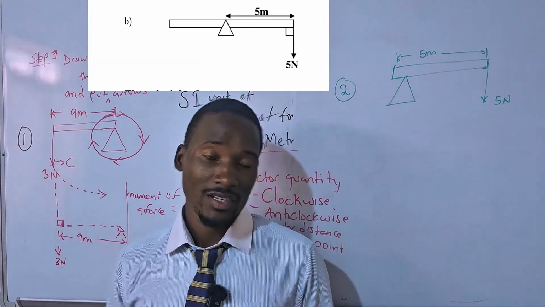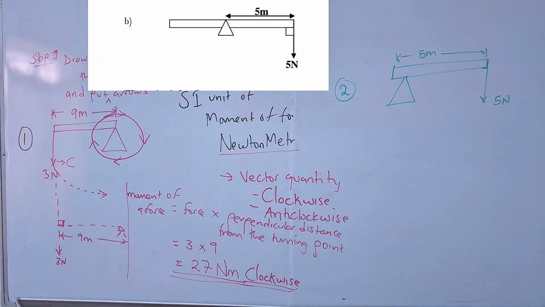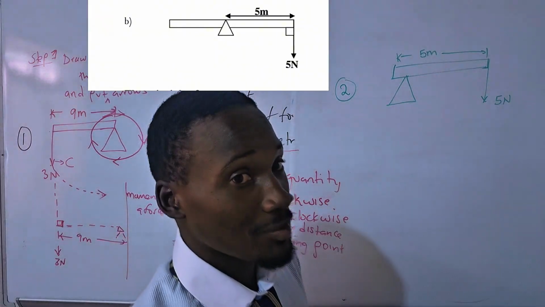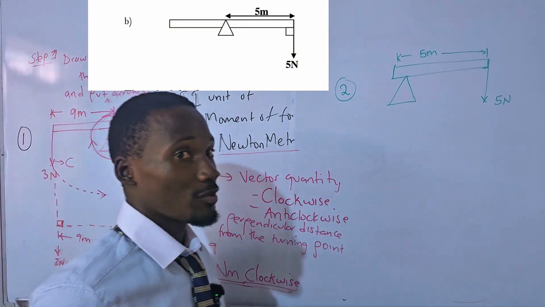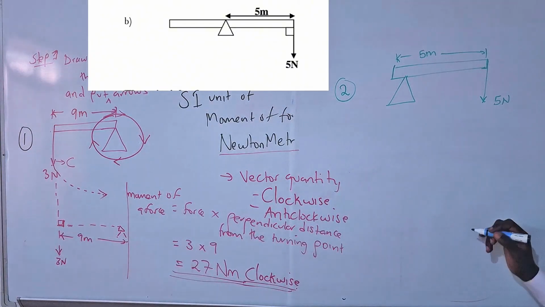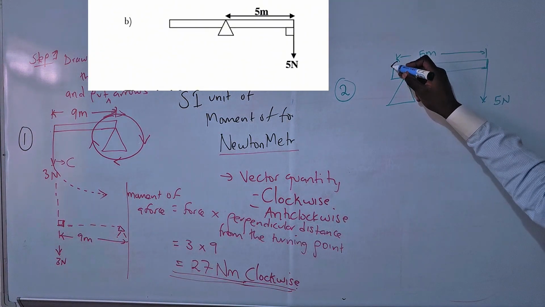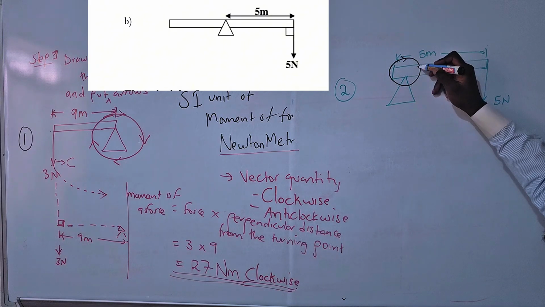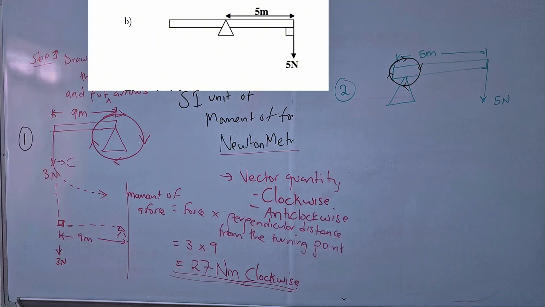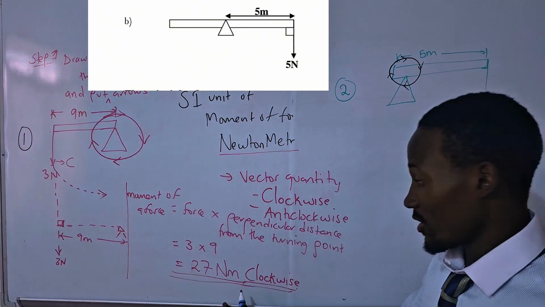Let's look at example 2. Also they want you to calculate the moment of a force in this case. So similarly, when we are getting the moment of a force, we draw a clock on our turning point. And we put 4 arrows in the direction of the clock. If you have a watch on your hand, you can check out the direction that clock is moving. So this was anti-clockwise.